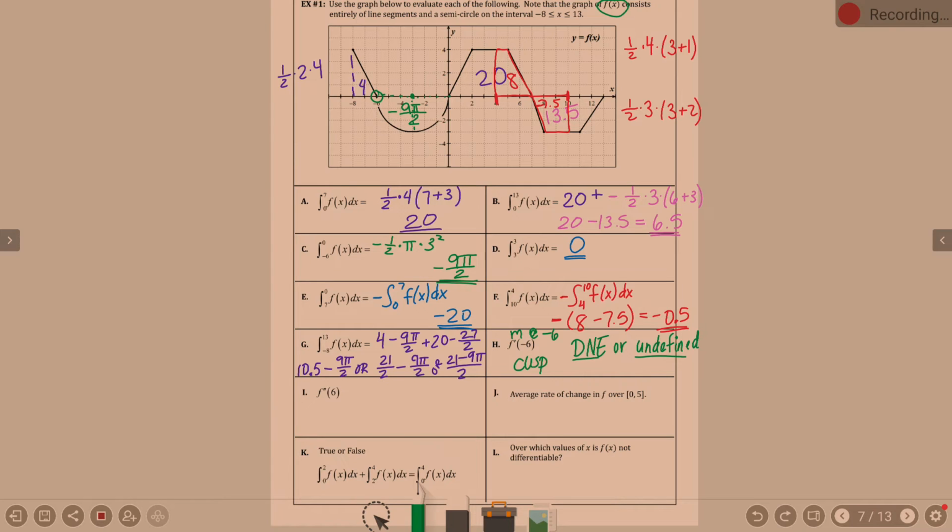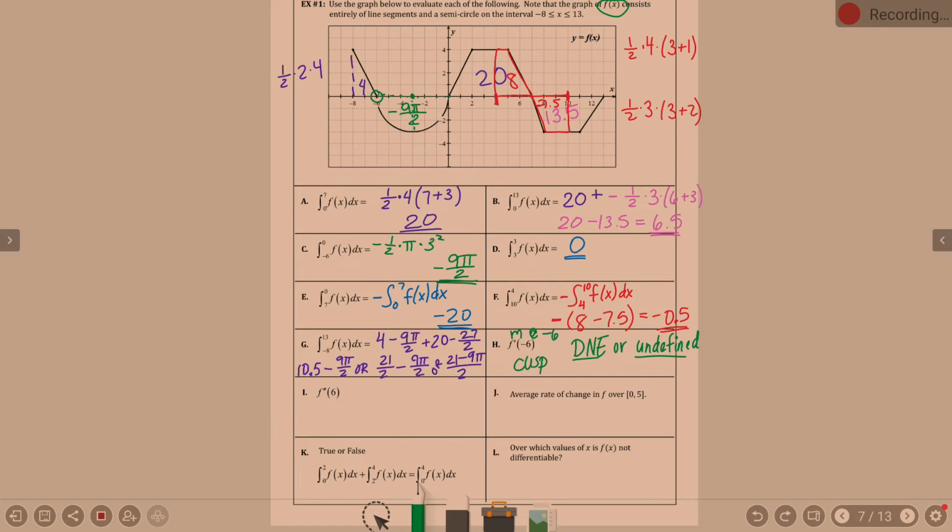Second derivative at 6. F double prime of 6. A little bit different situation here. My recommendation would be to think about the first derivative here.